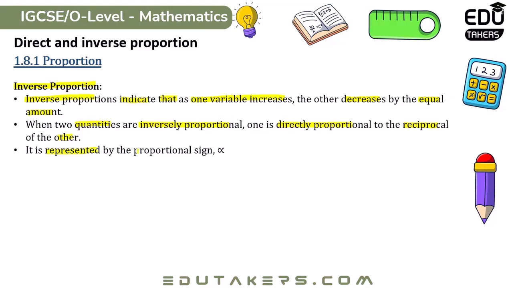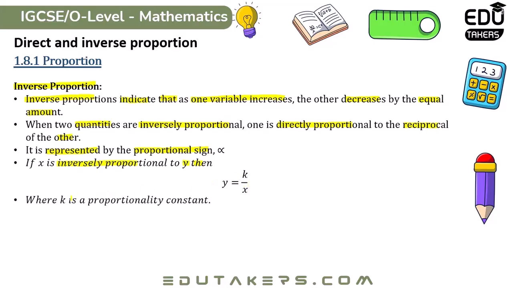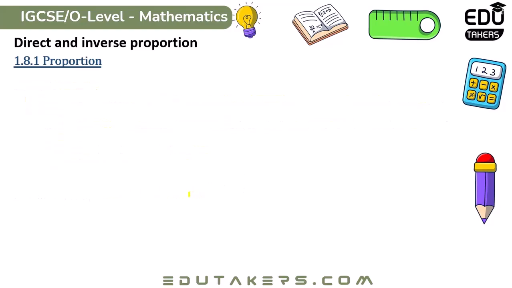It is represented by the proportional sign. If x is inversely proportional to y, then y will be equal to k over x, where k is a proportionality constant.